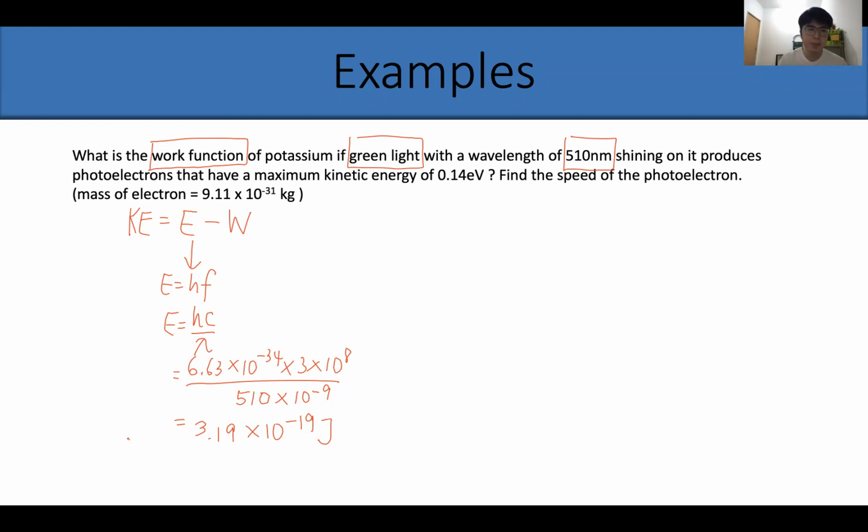Then it says that it produces photoelectrons that have a maximum kinetic energy of 0.14 electron volts. We want to change this to joules, so we multiply by 1.6 times 10 to the minus 19, because if you want to change electron volts to joules, you multiply by the charge of the electron.